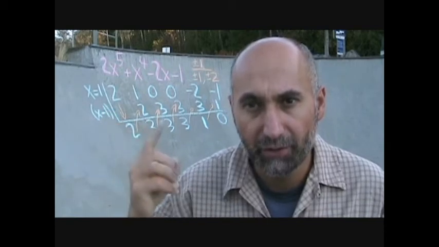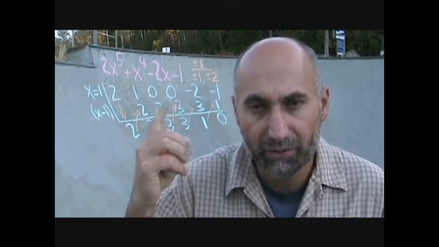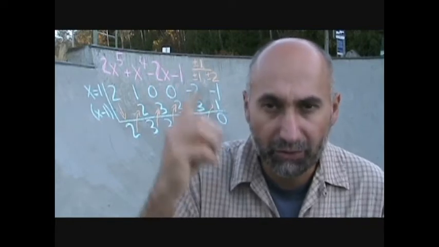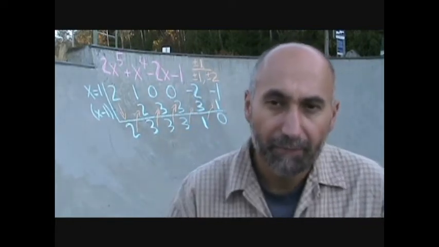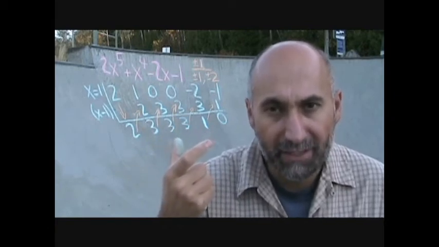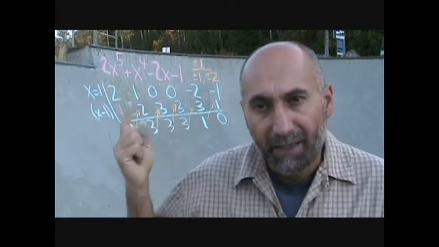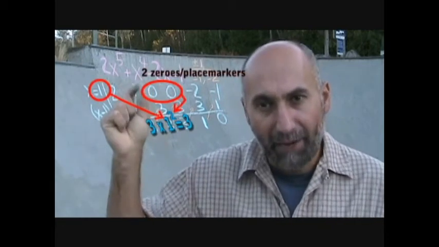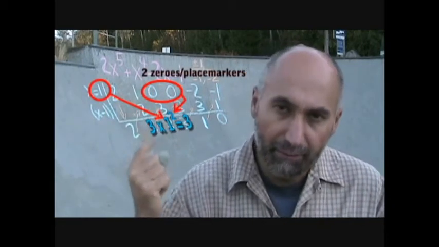So if that was a 2, the 2 multiplies here. If that was a 0 again, you add it. And if you had another 0 here, you're multiplying it by 2 again. So what you could do is figure out how many terms you're missing, and take whatever this is, take it to that power and then multiply it by these guys.